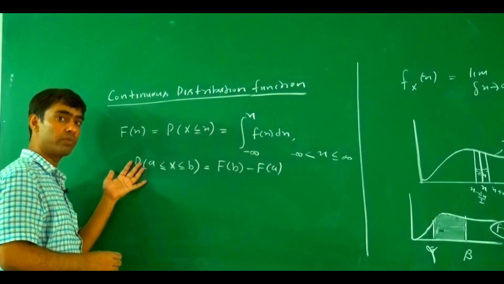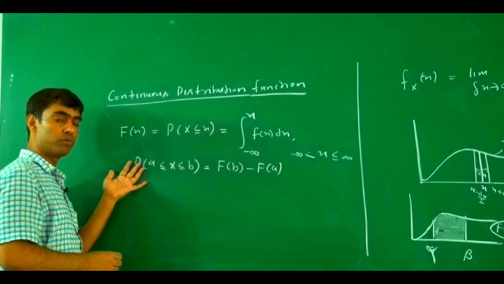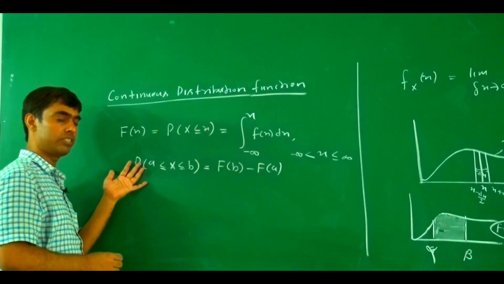At any particular point in a continuous probability distribution, the probability is zero.